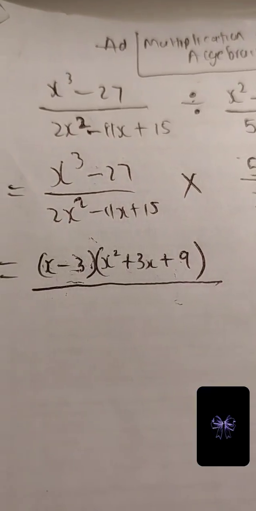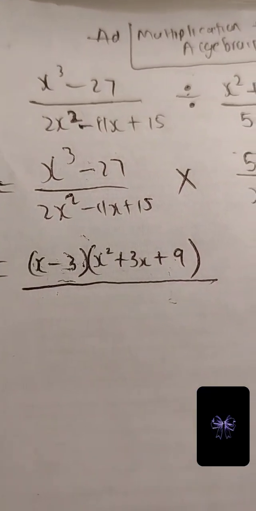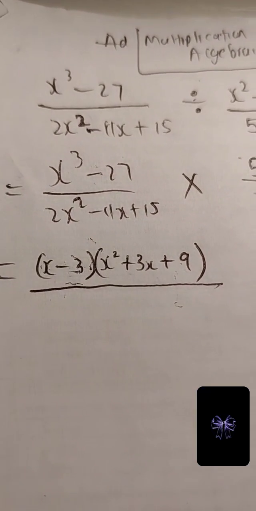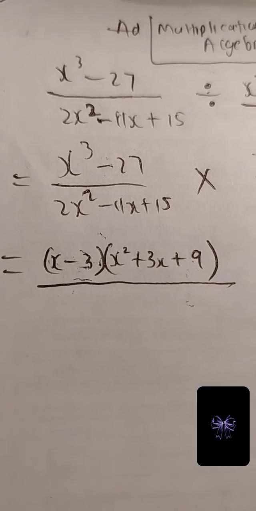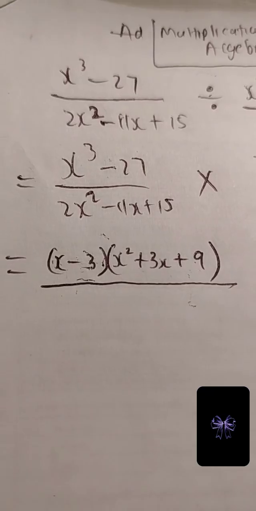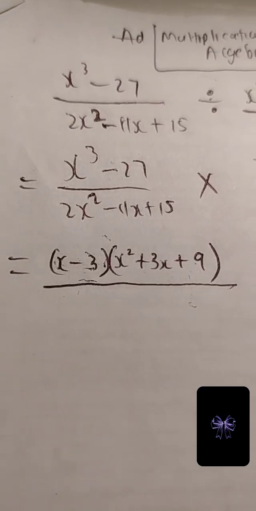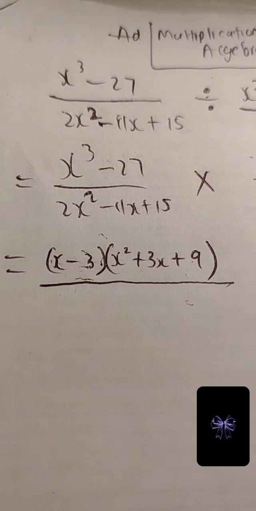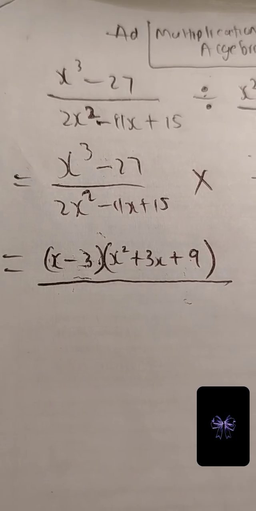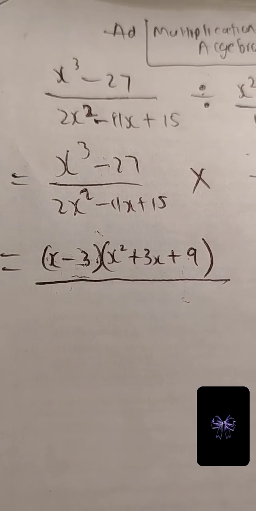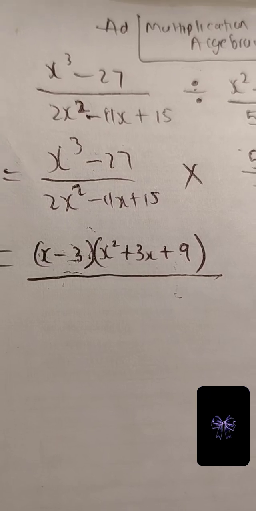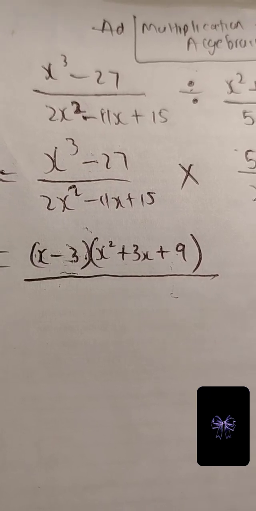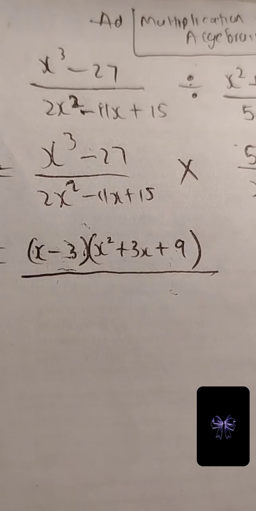2x squared minus 7x plus 15. It's a trinomial, but the coefficient of x squared is not 1, so we are going to multiply 2 by 15. And then from there we find the factors which when added together give us 11, and when multiplied together give us 15.